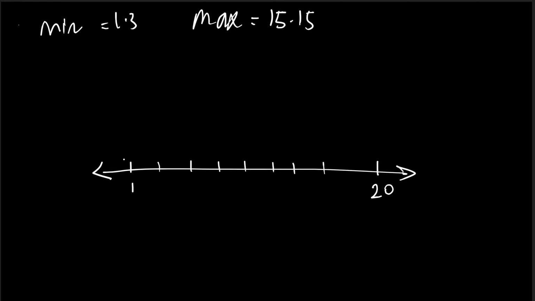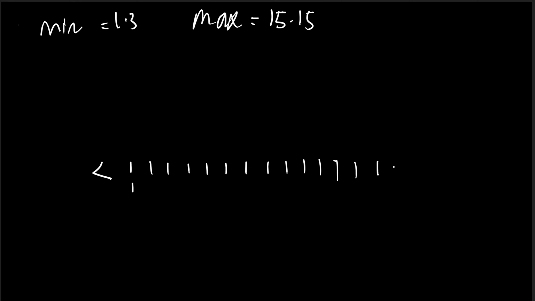Oh, maybe I made the gaps too big. Just draw that again. 1, 2, 3, 4, 5, 6, 7, 8, 9, 10, 11, 12, 13, 14, 15, 16, 17, 18, 19, 20.